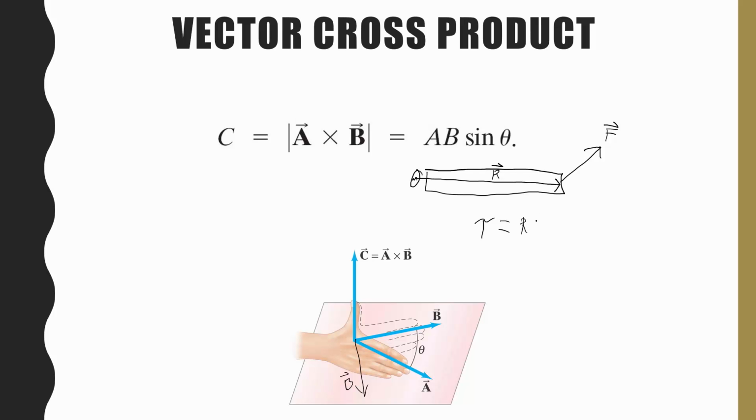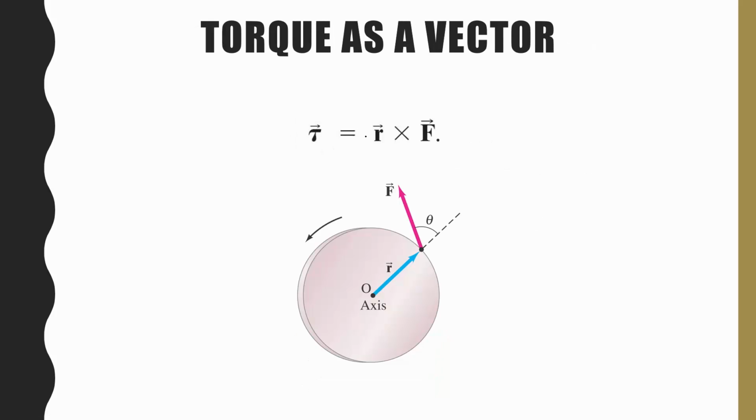We'll take f in this case, so r times the perpendicular component of f. Well, the perpendicular component is going to be sine, right, because we want this component here. This is f perpendicular. It's going to be sine of the angle between the directions of these two vectors. So that gives us a hint that this vector cross product is a valid way to describe torque. And in fact, a more robust definition of torque is the lever arm vector crossed with the force vector.